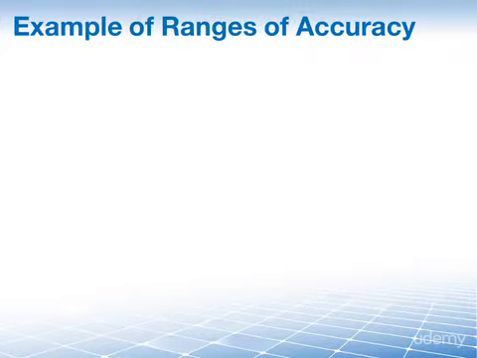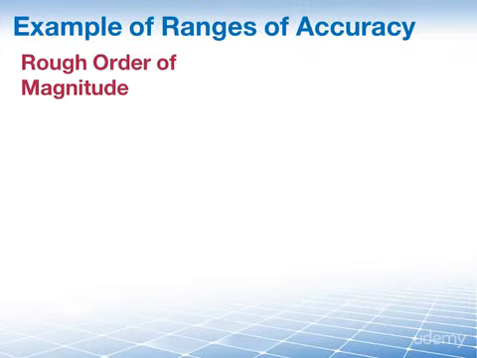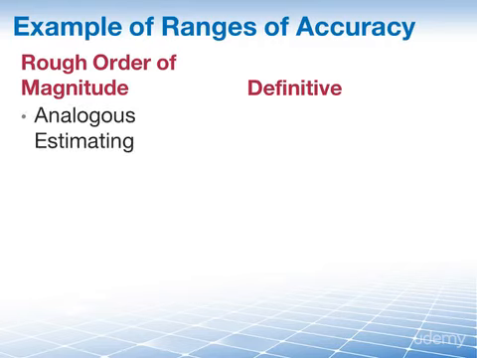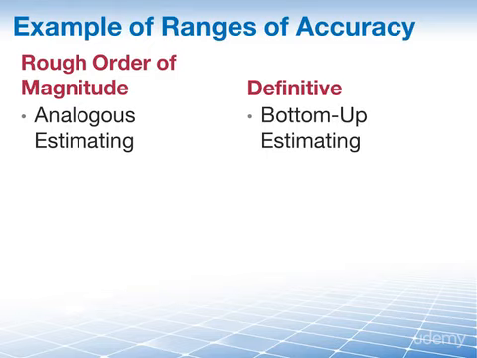Let's take a look at when it is most appropriate to apply each type of estimation range. We first of all need to examine the method of estimation. So, use a rough order of magnitude estimate if you are doing analogous estimating where you are less confident with the numbers, but do use a definitive estimate if you're doing bottom-up, if you're really going into the details and estimating almost every single task.